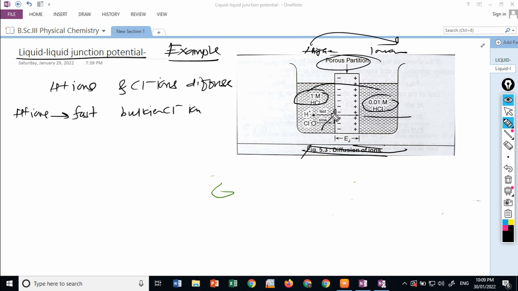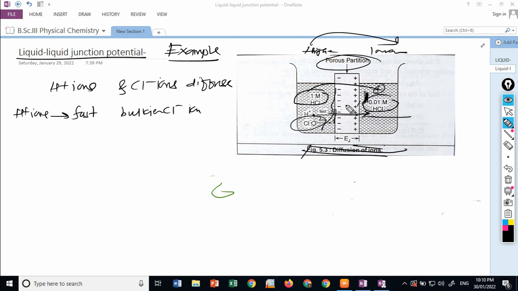So the concentration of H plus ions increases on that side, and the concentration of negatively charged Cl minus ions increases on this side. So this portion acquires a negative charge and that side acquires a positive charge. Here the separation of charges takes place.